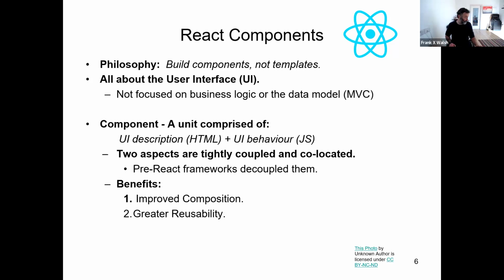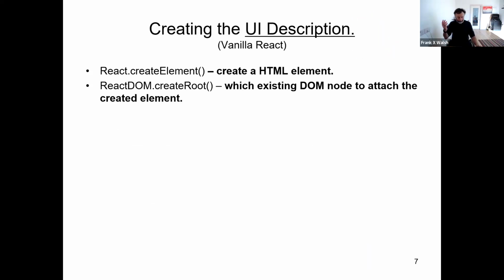So let's jump straight in and ask, how do we create a user interface description? How do we create a web application user interface using React, vanilla React, okay? We can use the React library. We can create a web page that imports the React JavaScript library, and in that library, you can use the createElement function to create an HTML element.